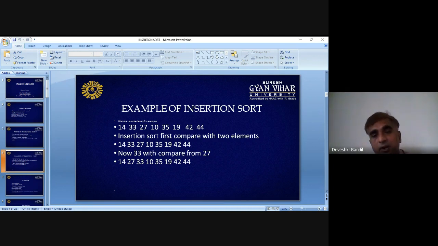As I told, in the first statement, temp = a, the value of a will be assigned into the temp variable. Temp is a temporary variable.